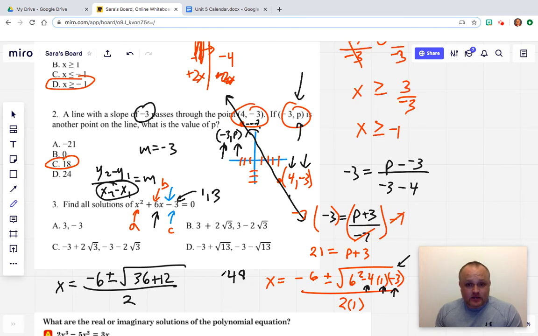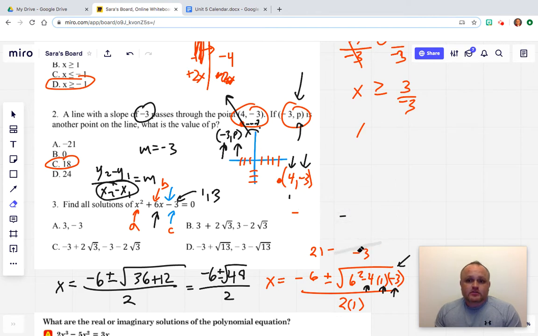So we have 48 underneath the radical symbol, and it's over 2. Now we're going to try to simplify this root 48, because I don't see any root 48s in my answer. So let's make a little bit of room right here, and let's try to simplify this radical out so we can reduce.